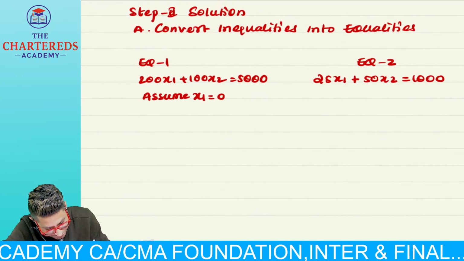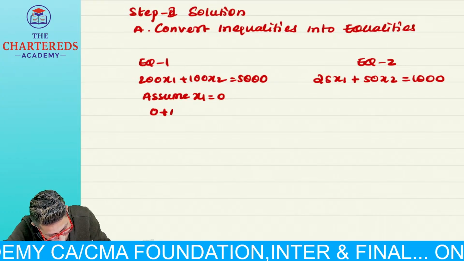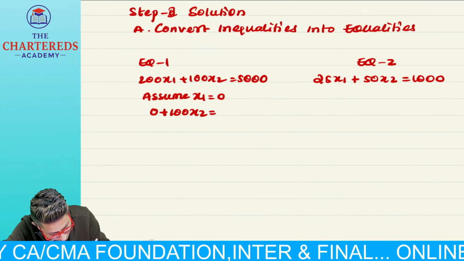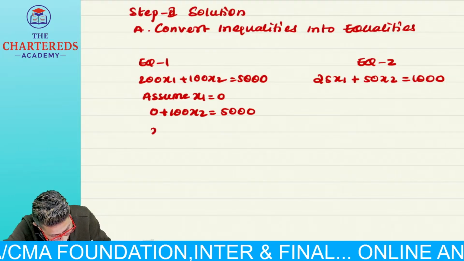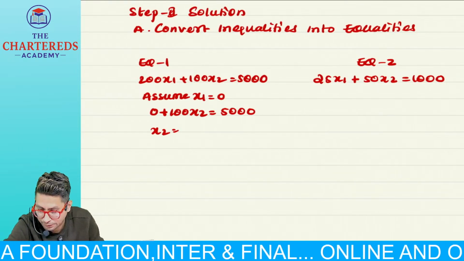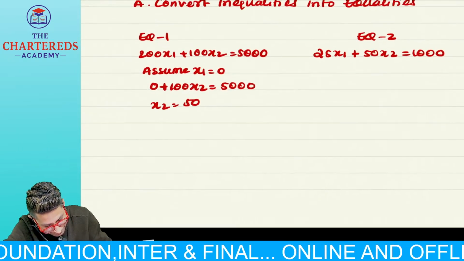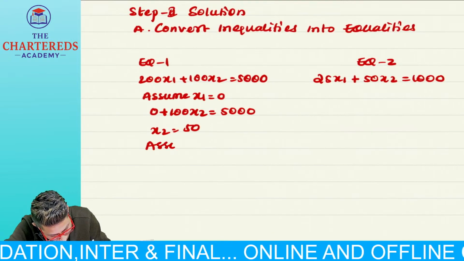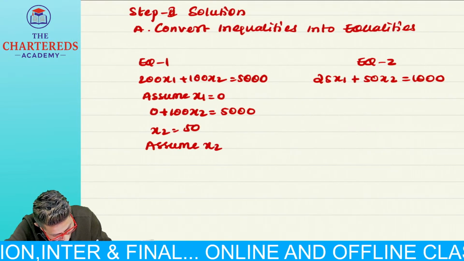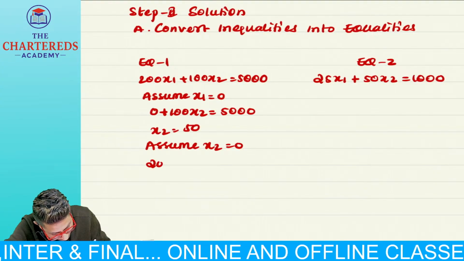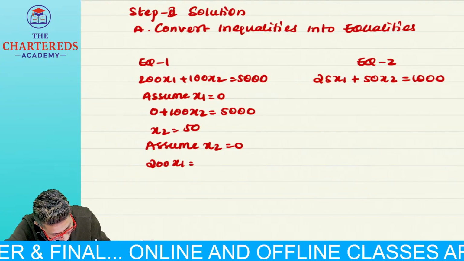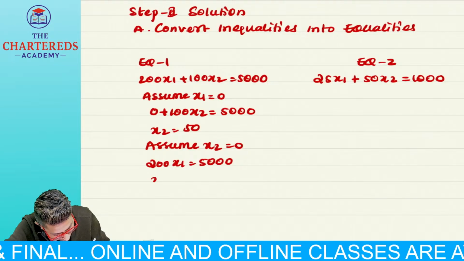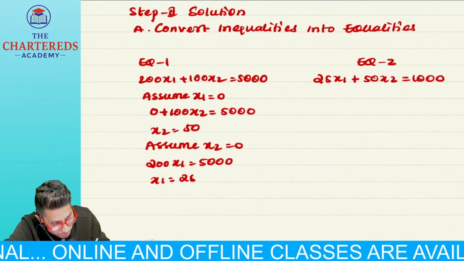Assume x1 is 0, then 100x2 is equal to 5000, so x2 will be 50. Next, assume x2 to be 0, then 200x1 is equal to 5000 and x1 will be 25.